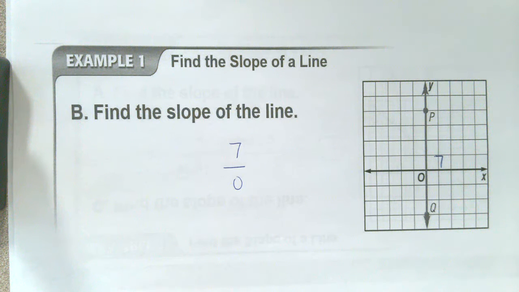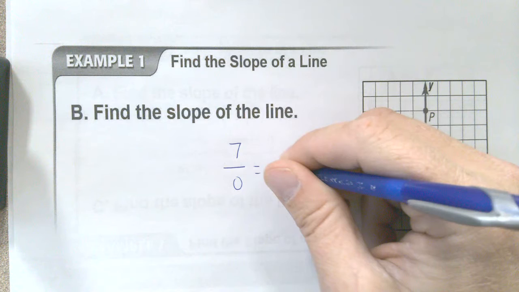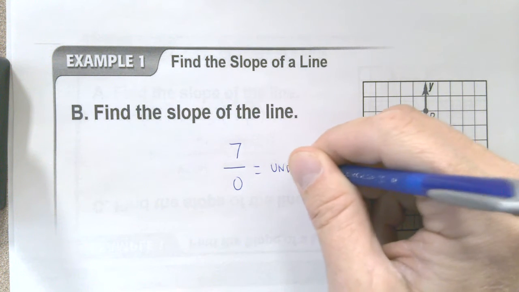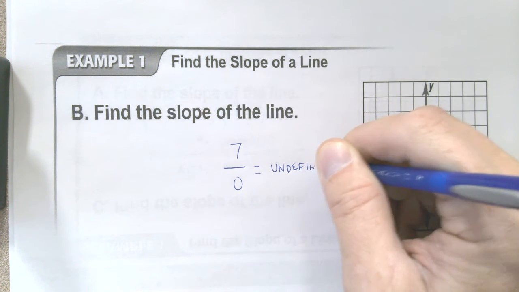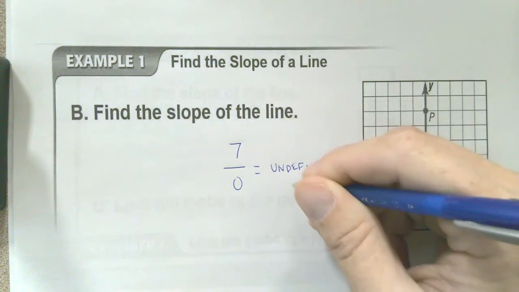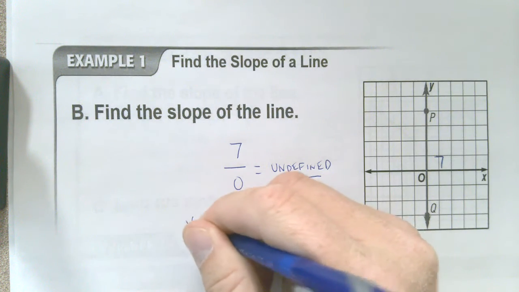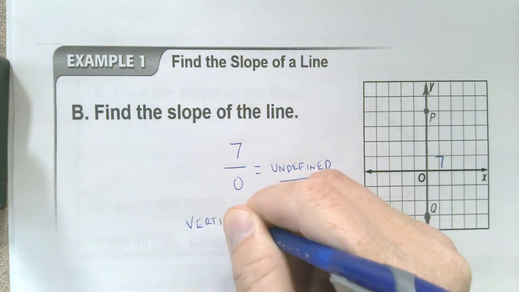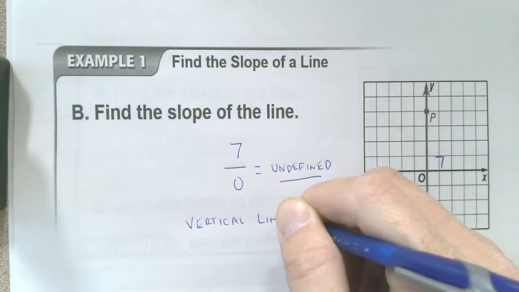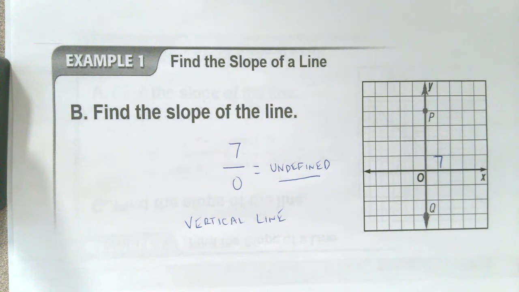Anytime 0 is on the bottom, we call our slope undefined. So a vertical line will always have undefined slope. And again, you could have used the points and used your slope formula the same as if I were counting.